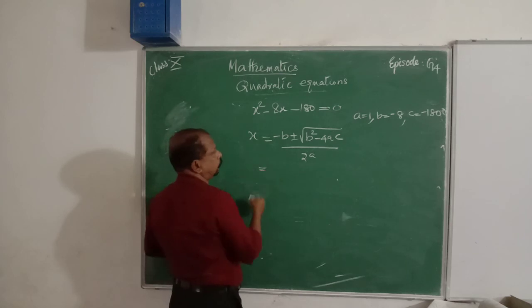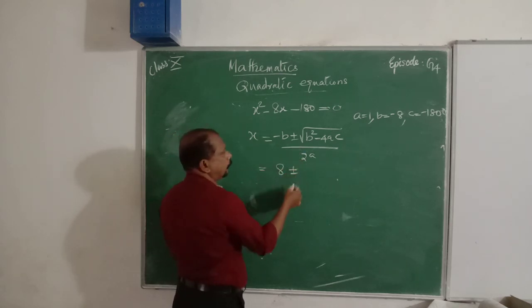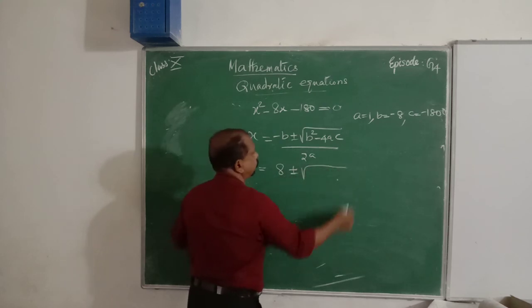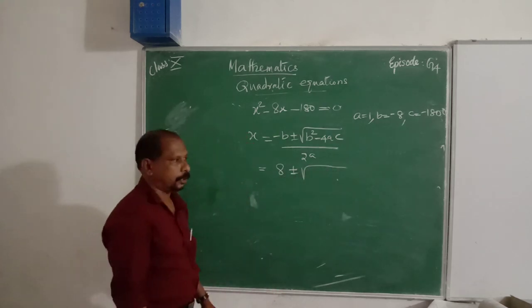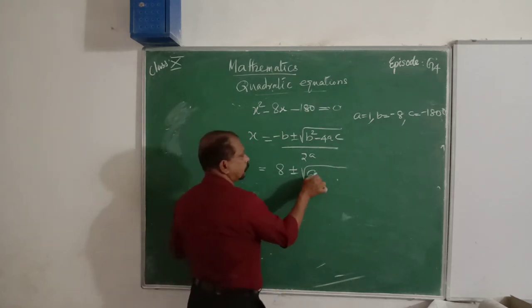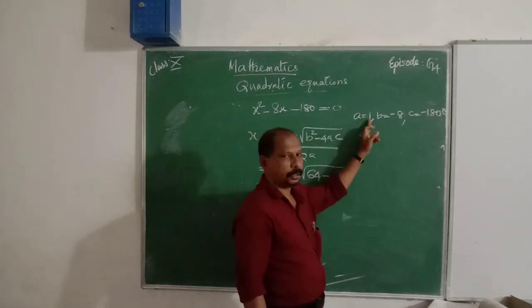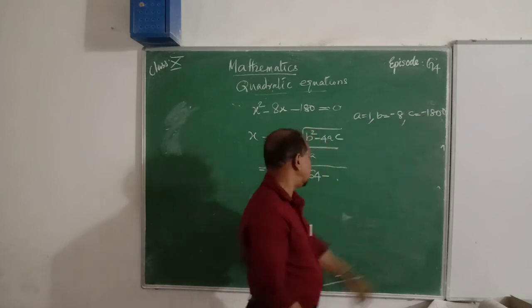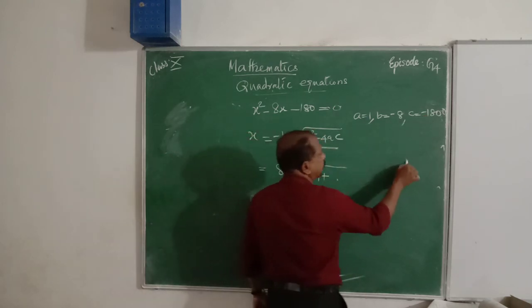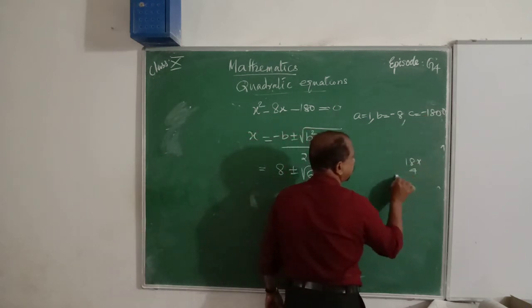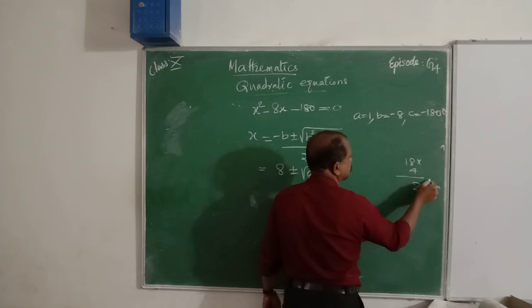That is minus b, plus or minus root of b square, that is 64, minus 4 into a into c, minus into minus is plus, 180 into 4, that is 720.